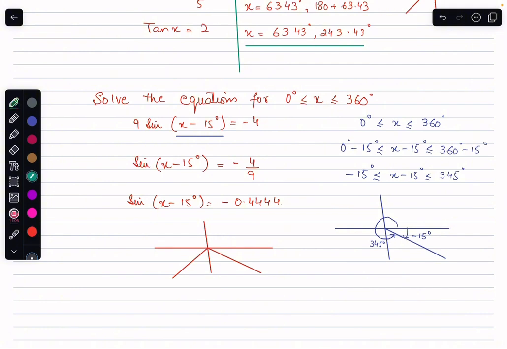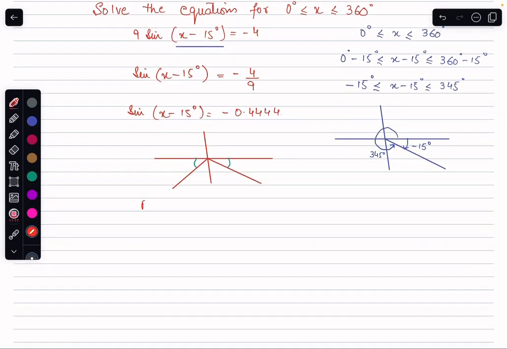Now the next thing is to get the basic angle. To get the basic angle, I'm going to say it is the basic angle for sine inverse 0.4444.